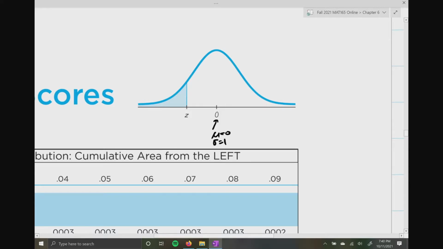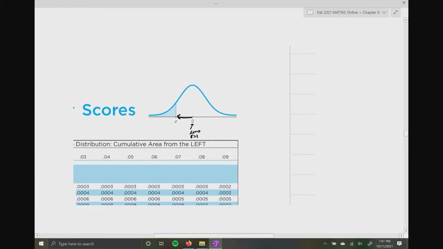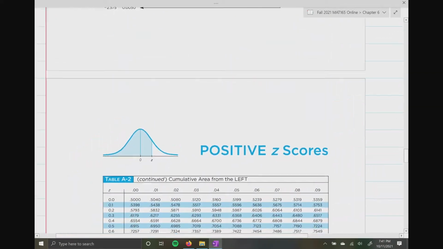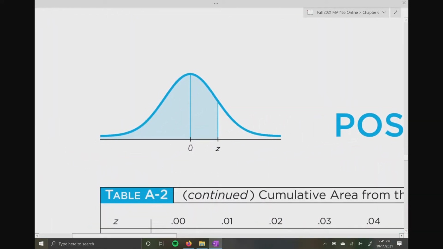So anything to the left of 0 is going to be negative z values, because remember, z-scores are a distance along the horizontal axis. Anything to the left is going to be negative, and then if I scroll down real quick, anything to the right of 0 is going to be positive. So notice we have negative z-scores and positive z-scores.